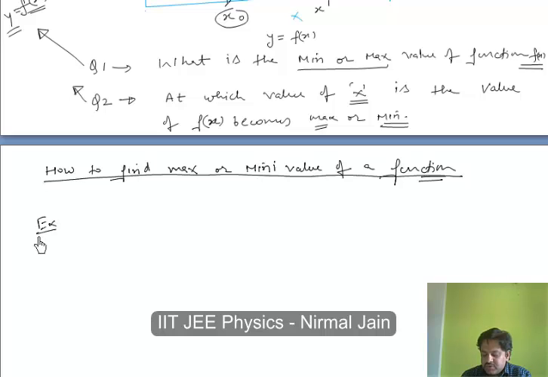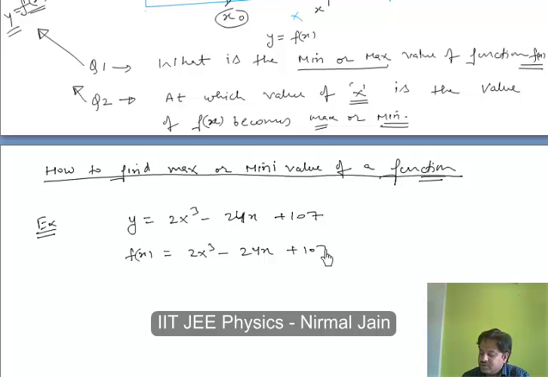So suppose we are given y is equal to 2x cube minus 24x plus 107. Let's say this is the function given to us, or you can also write it as f(x) is equal to 2x cube minus 24x plus 107. So this is the function of x.